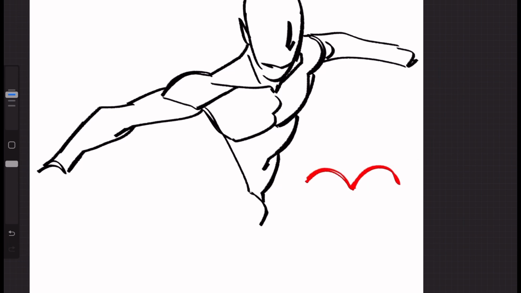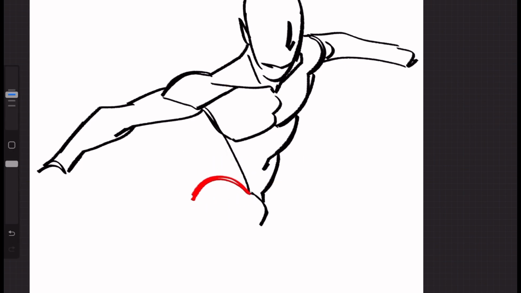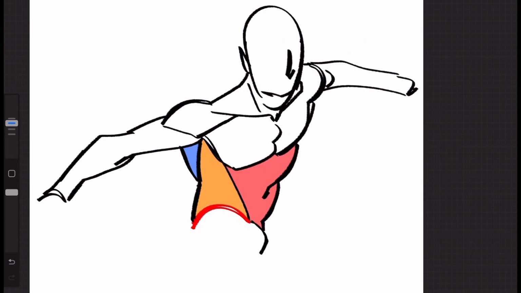Then remembering that C-curve on the sacrum triangle at the top of the butt, I basically just take the C-curve and place it like this as it goes across from the back to the front of the body. Then here at the armpit is where the lat is going to connect, so I just come down and draw a line from the armpit down as it connects into the side of the body, and this is my 3-section split.